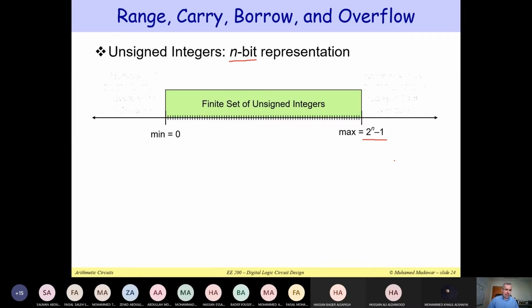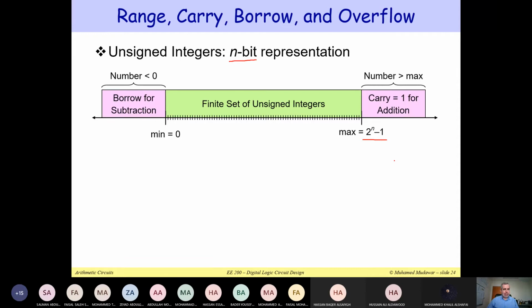Now, if you get a sum which is greater than the maximum, then you get the carry. If you are adding two unsigned integers and you get a carry equal to 1, that's an indication that your sum is out of range. It is greater than the maximum that can be represented with n bits.